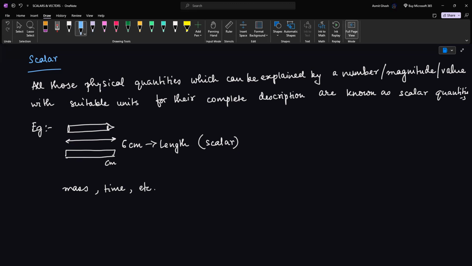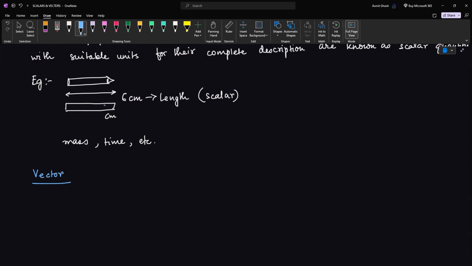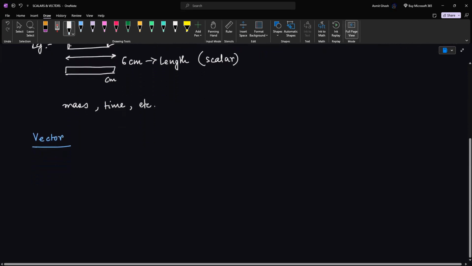Now, we will be understanding a very important concept called vector. What is a vector?